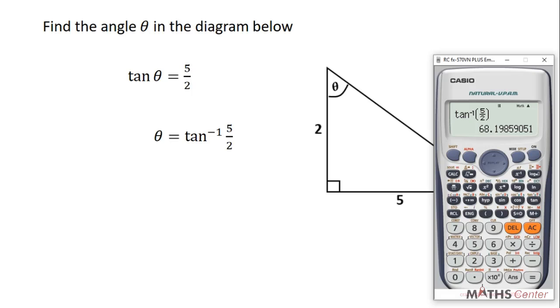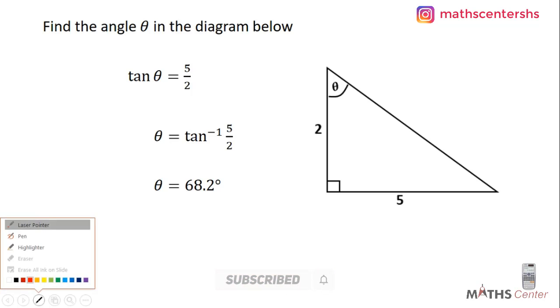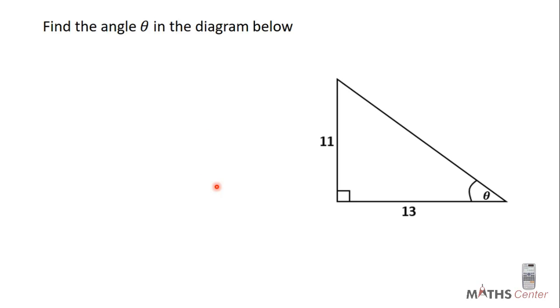So that will give us 68.1985. If you are rounding this to one decimal place, you are going to have 68.2 degrees. So theta here is equal to 68.2 degrees. Let's look at the last question for this video.